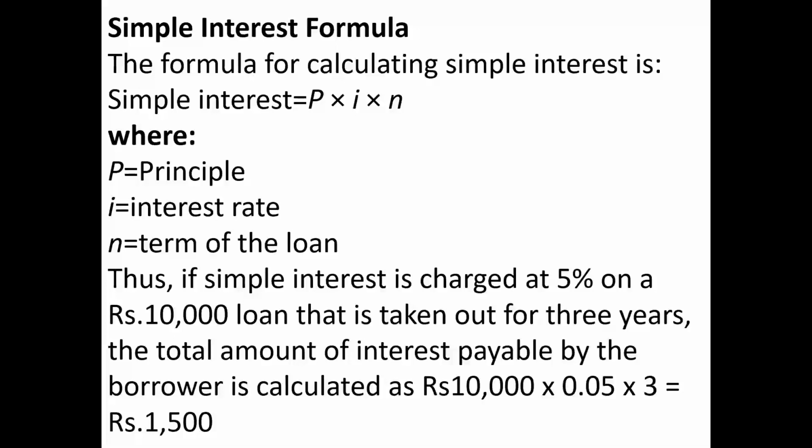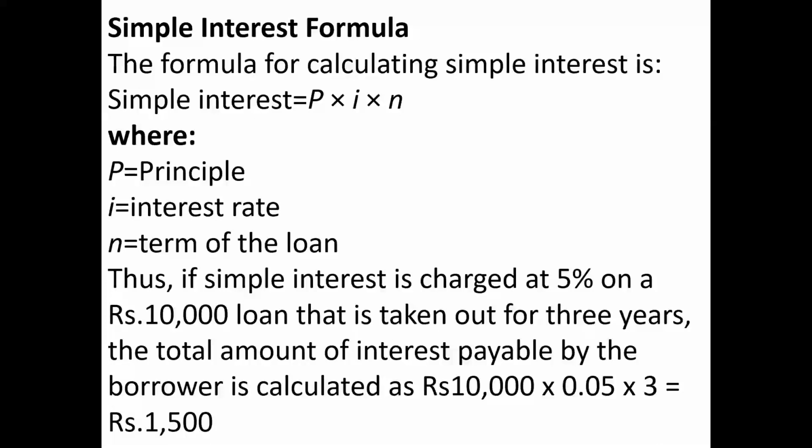So if simple interest is charged at 5% on a rupees 10,000 loan, taken out for 3 years, the total amount of the interest payable by the borrower is calculated as rupees 10,000 into 0.05 into 3 equal to 1,500.